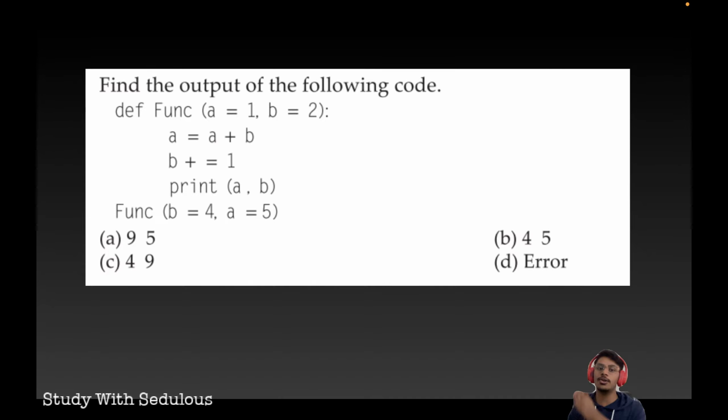Function b, a. Although we did say that b and a have changed positions, a and b have already been assigned a position. Like a is 1, b is 2. If it was a and b, then we could have changed the positions. But both have been assigned some positions, right?